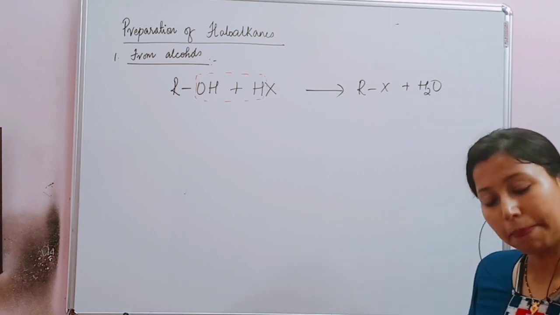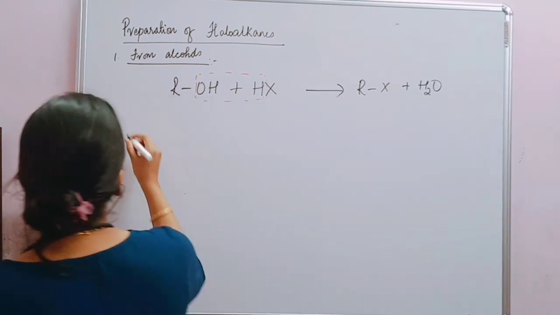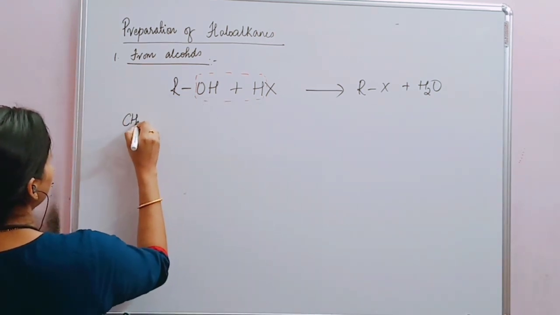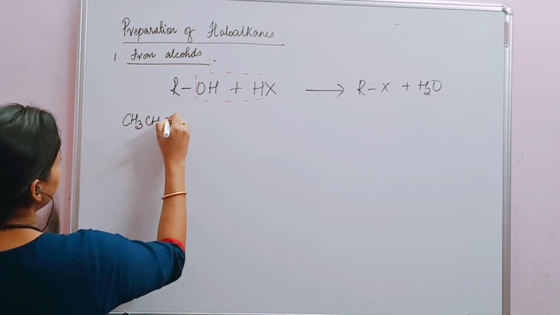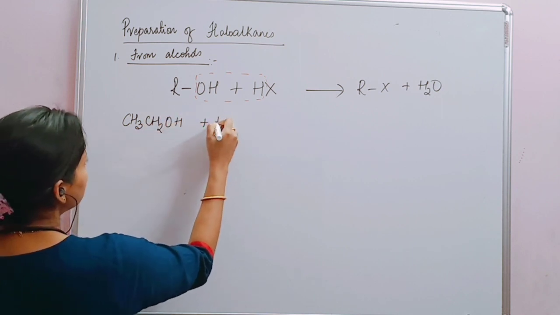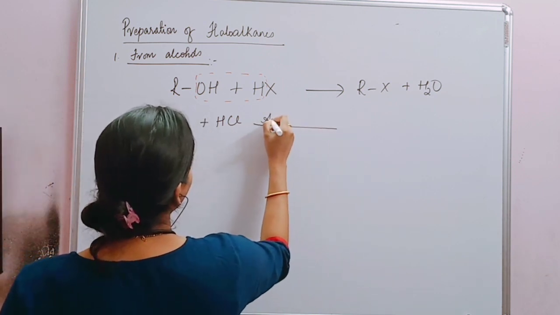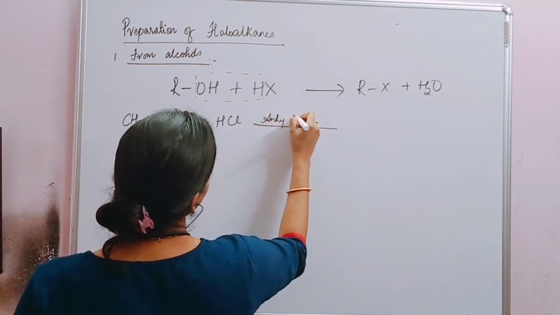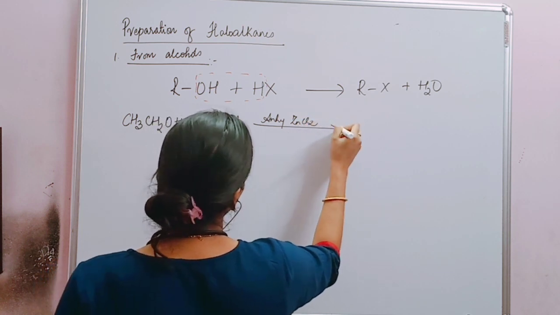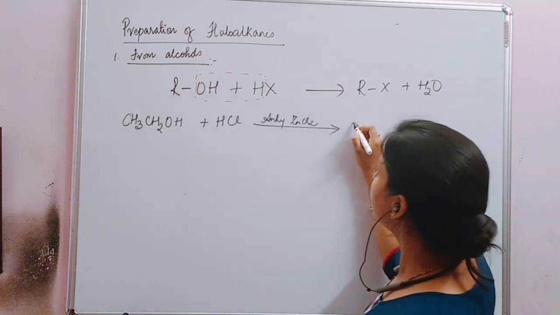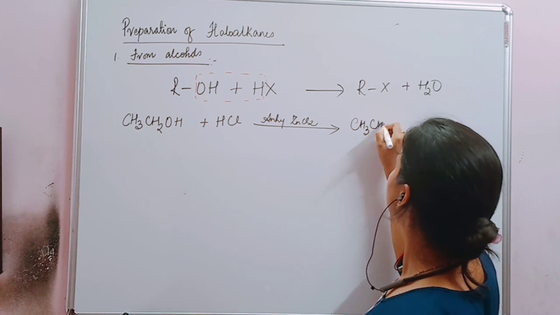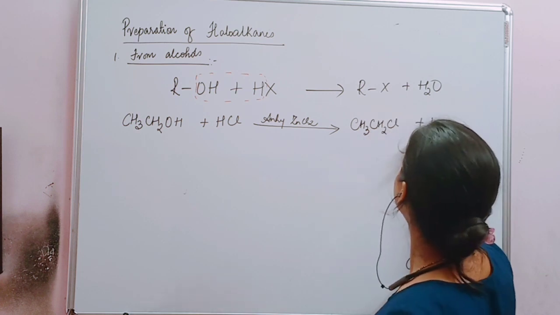Clear? Let's take an example. I'll take the example of ethanol, CH3CH2OH plus HCl. We will use anhydrous ZnCl2 and our products will be CH3CH2Cl plus H2O.